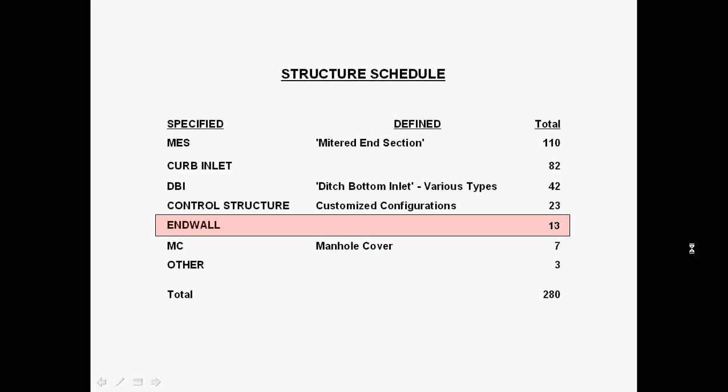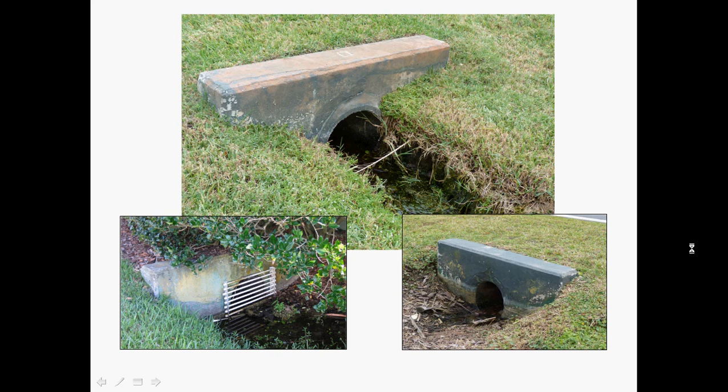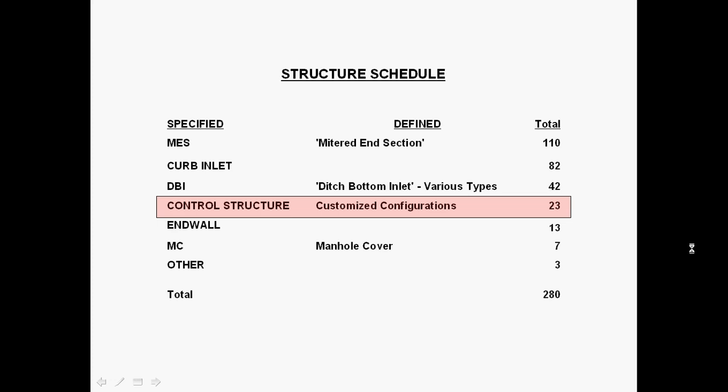End walls. They're just straight cuts at the end of the pipe. And then we have control structures. They're very customized and really designed specifically for a certain type of control. The structures so far can really, including the pipes, lend themselves to aggregation for generalized pricing purposes.